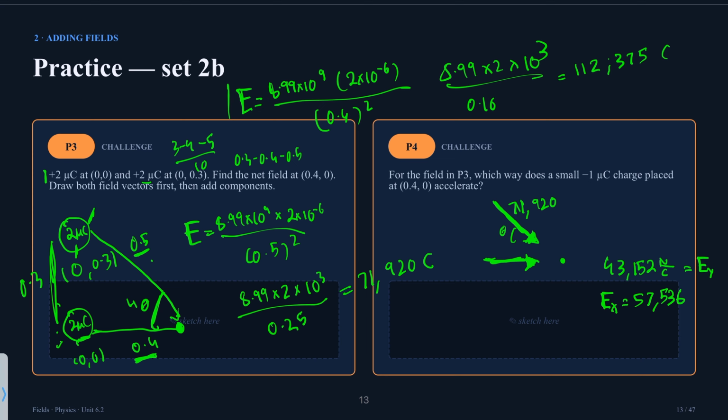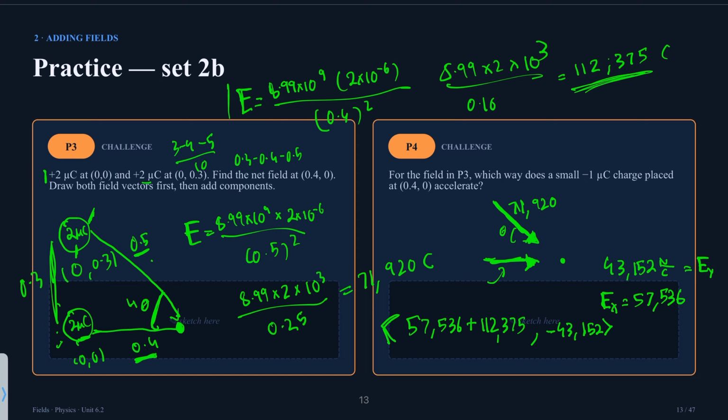The Ex plus this Ex, so 57,536 plus 112,375, right? That's your x here, and your y is the negative of this because you're being pushed in the downward direction. All right.